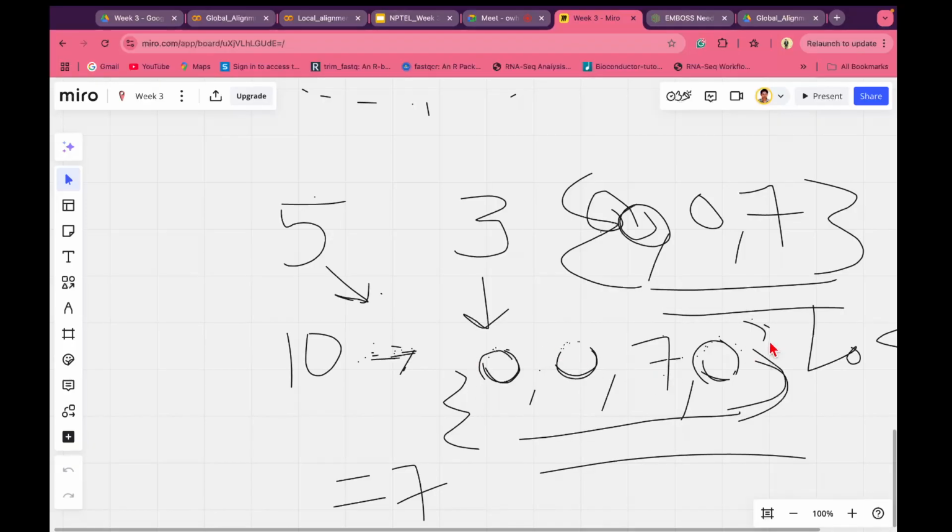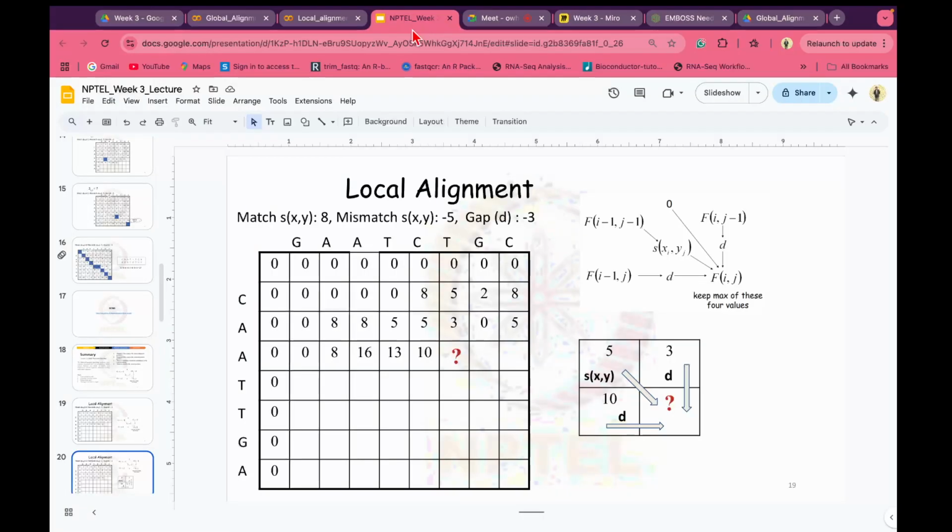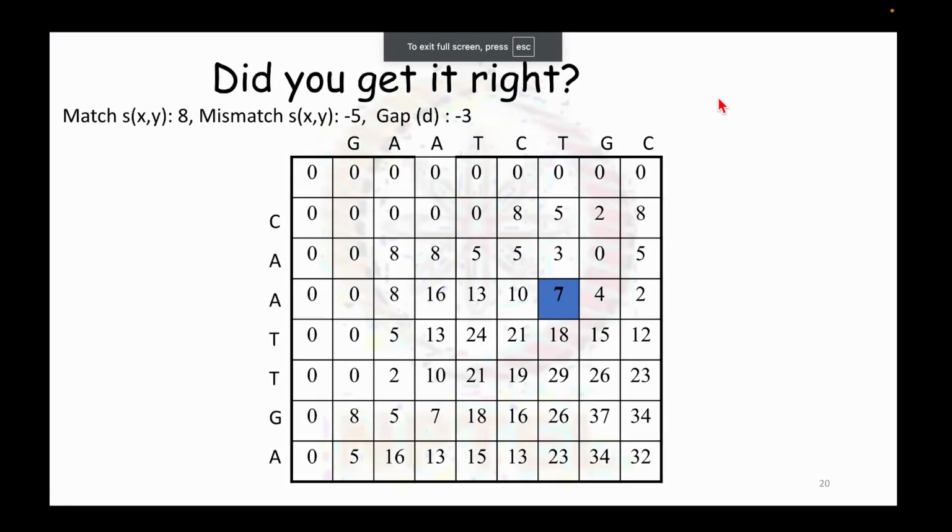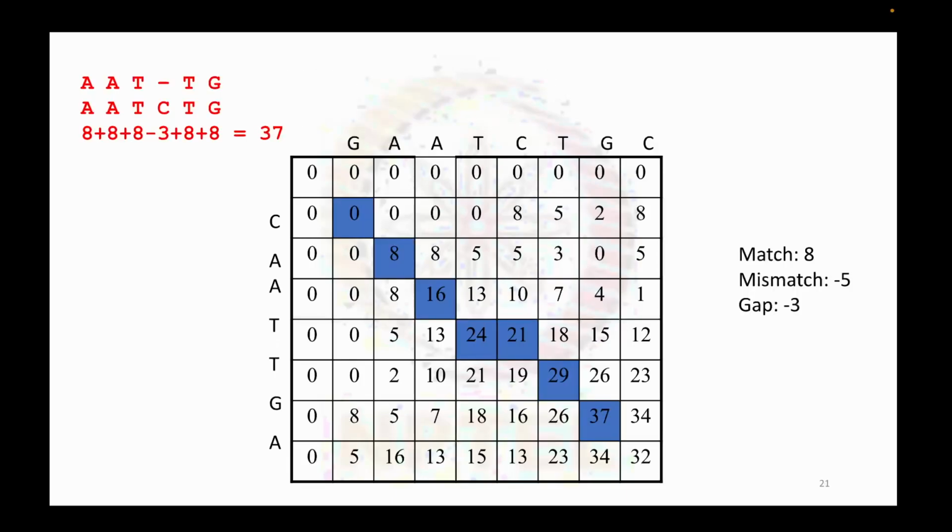We have a fourth condition, that is include 0: the maximum of match or mismatch score, gap penalty from the vertical cell, gap penalty from the horizontal cell, followed by the maximum of 0. So this is the small change that both algorithms have. I hope everybody got this score.